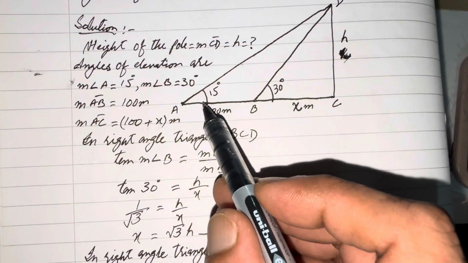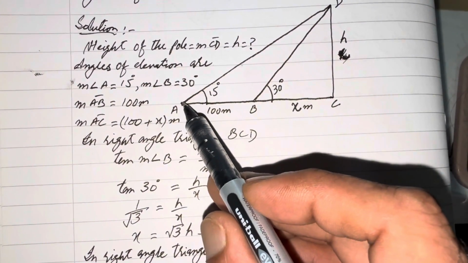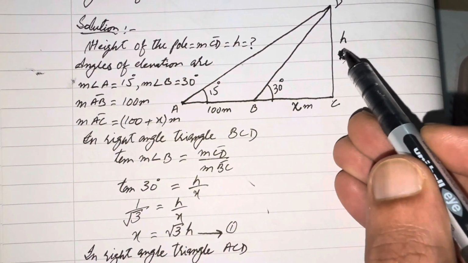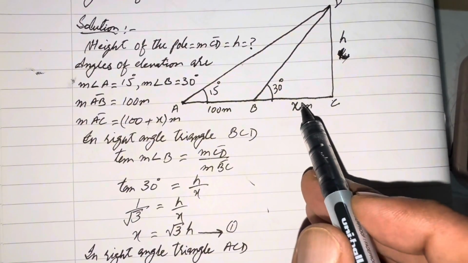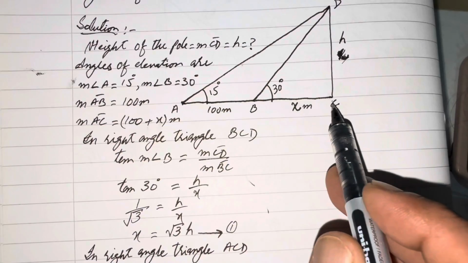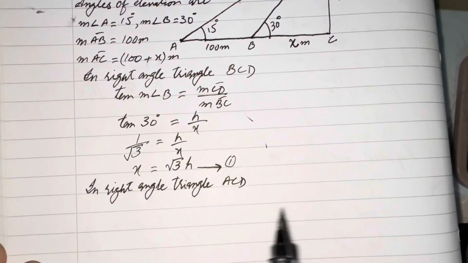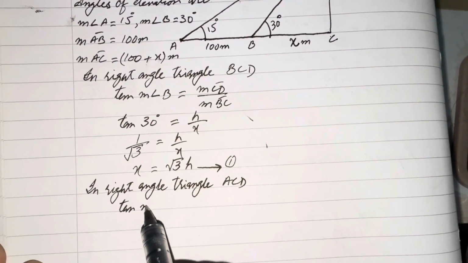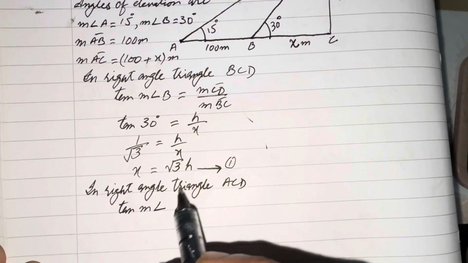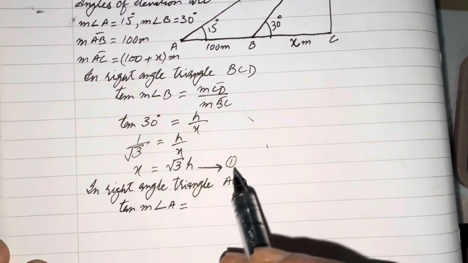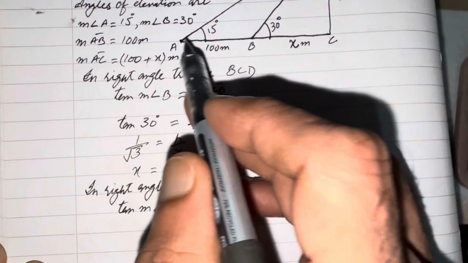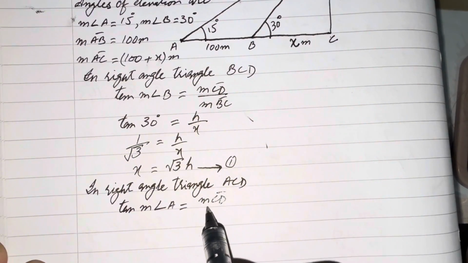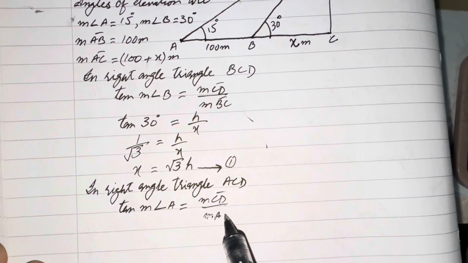The angle is given as 15 degrees, the opposite side is h and the adjacent side is 100 plus x, or you can say AC. Taking the trigonometric ratio tangent 15, tangent of angle A is equal to CD divided by AC.